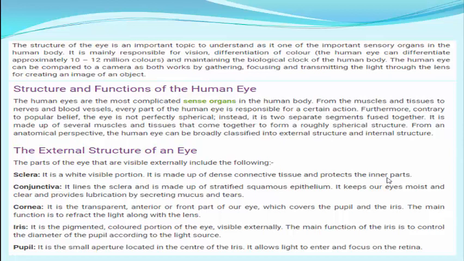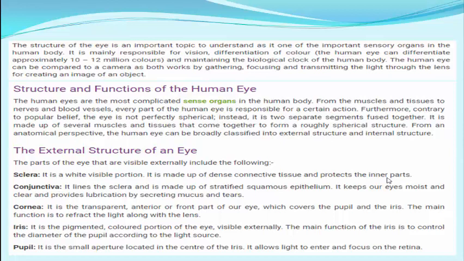The second one is your conjunctiva. It lines the sclera and is made up of stratified squamous epithelium. It keeps our eyes moist and clear and provides lubrication by secreting mucus and tears.